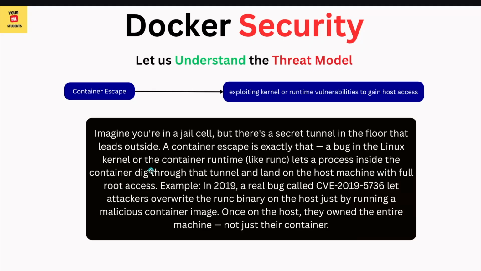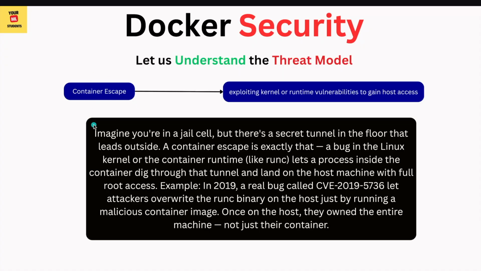It can happen. For example, in 2019, a real bug called CVE-2019-5736 let attackers override the runc binary on the host just by running a malicious container image. Once on the host, they owned the entire machine, not just the container. See how scary it is, right?